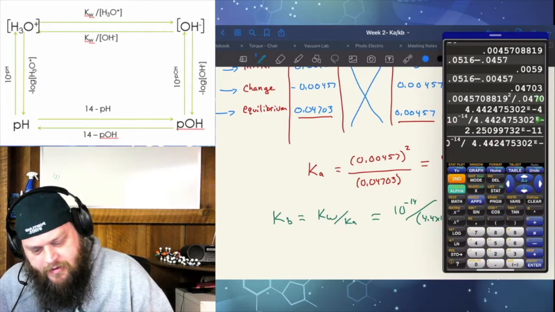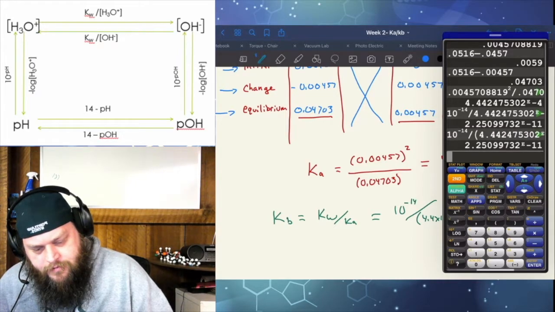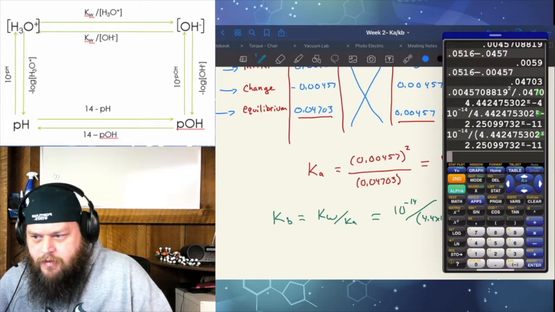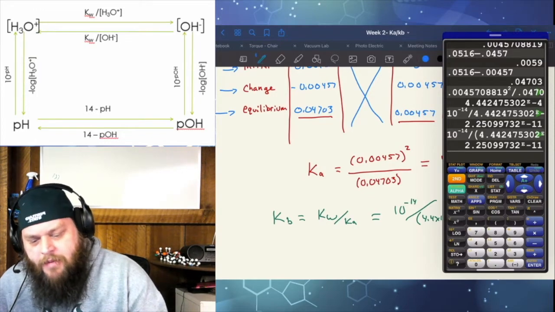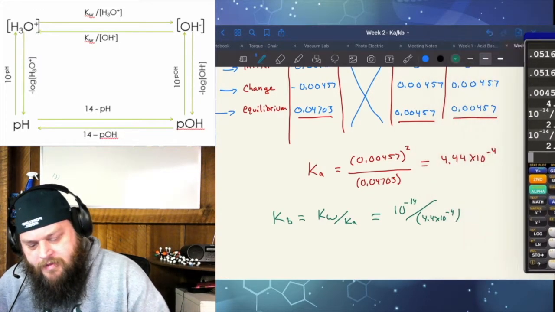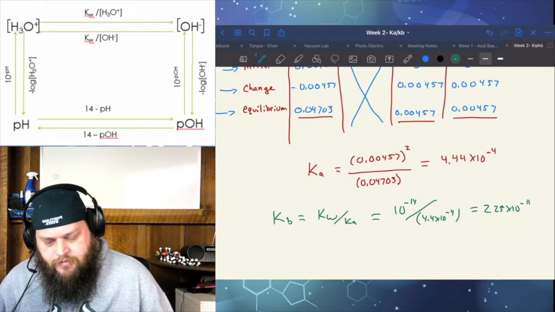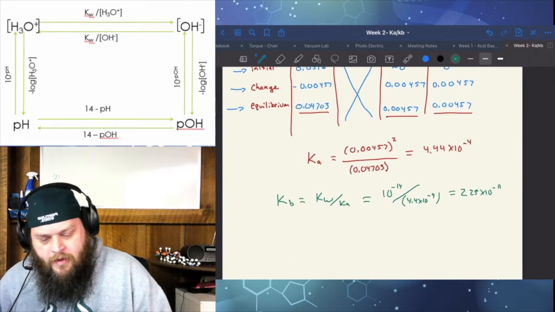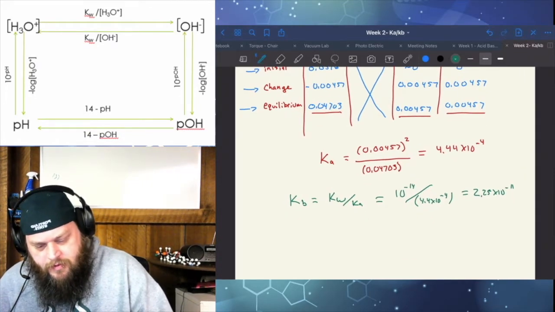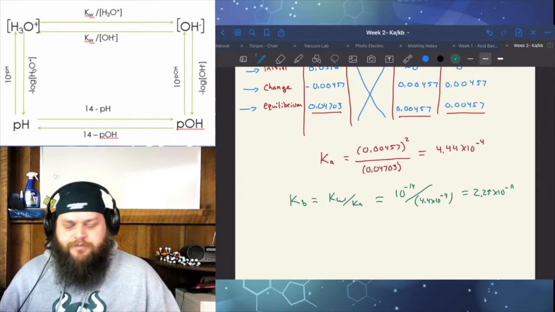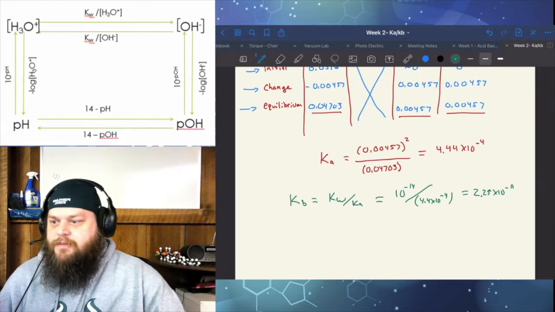I think I need to insert a parenthesis. Maybe not. Yep, that should be it. 2.25 times 10 to the negative 11. Yeah, that sounds right. And that's how we get our conjugate base.